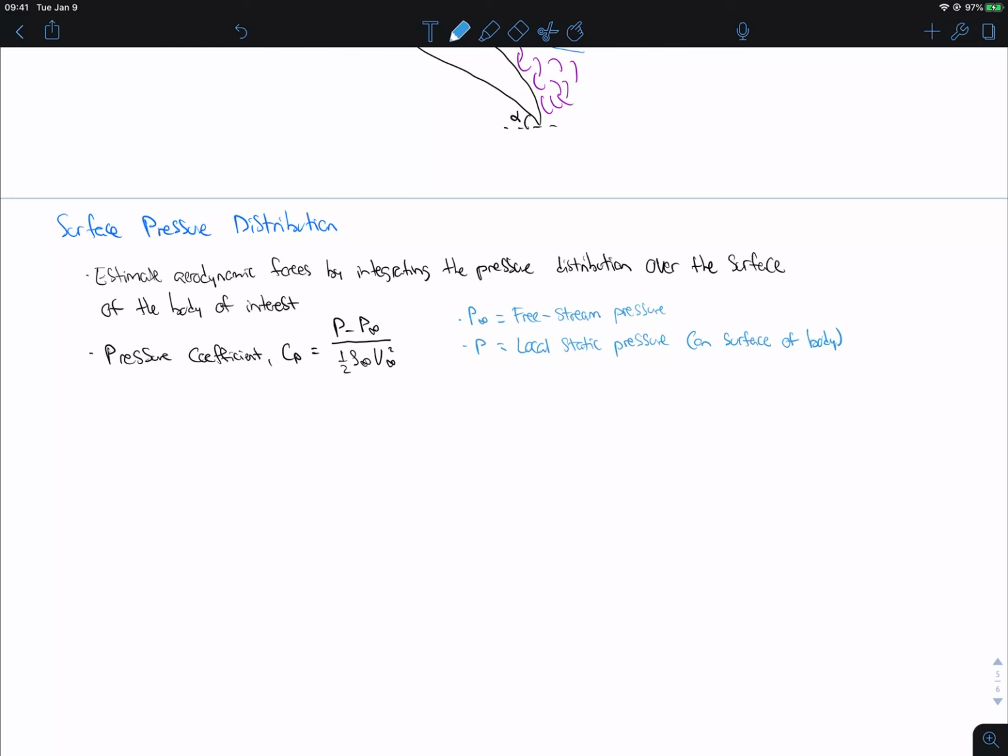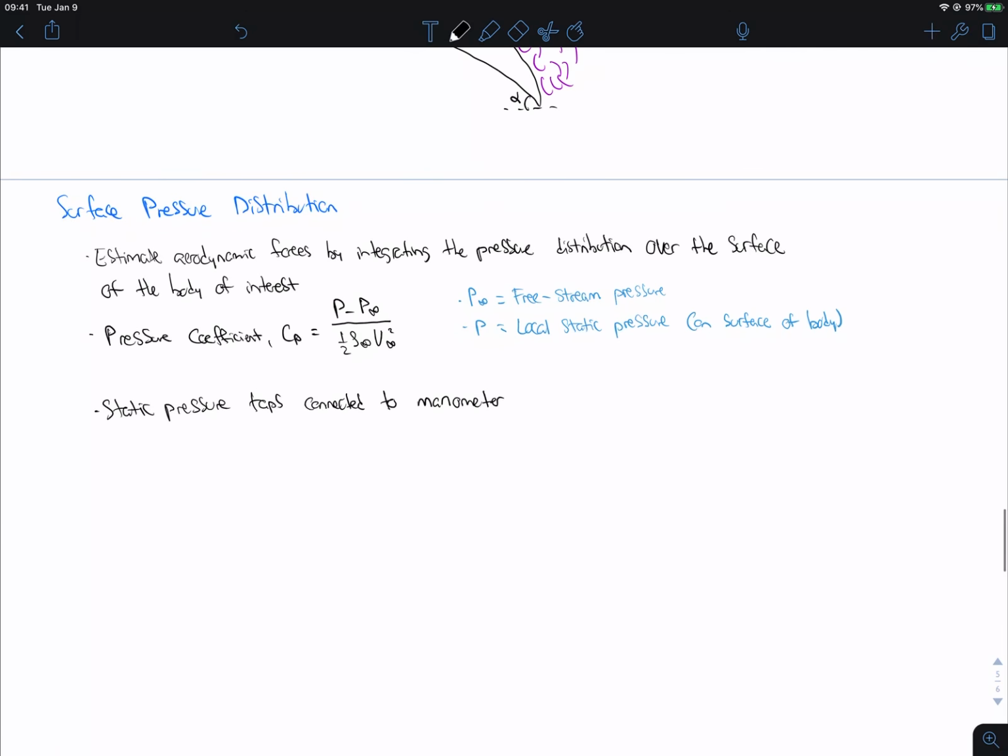Okay, and then all of those static pressure taps that we have are going to be connected to a manometer, and the opposite end of the manometer is going to be open to the atmosphere.